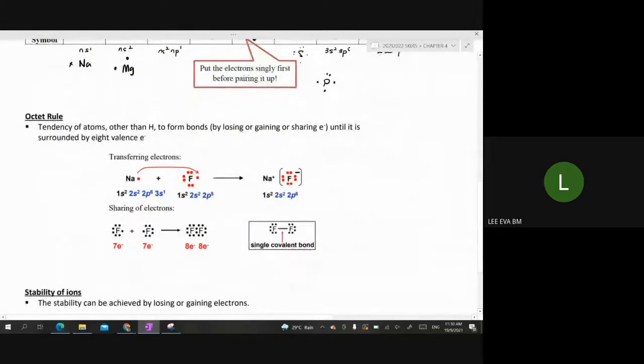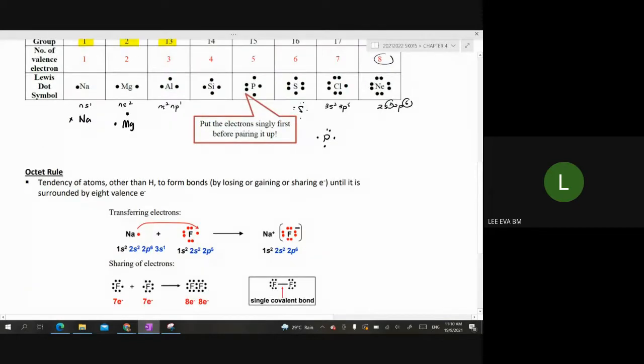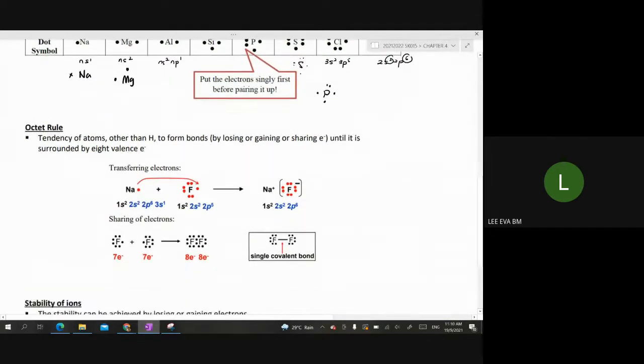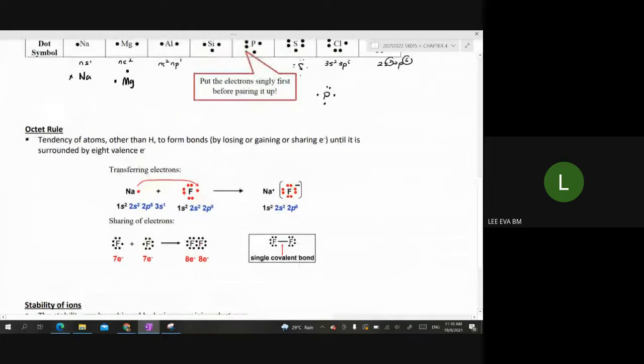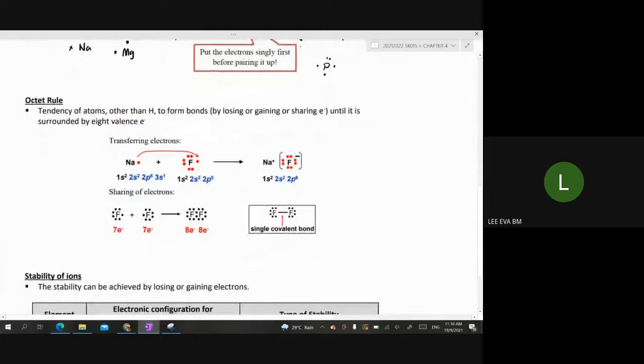Okay, so the challenge for you, you can try to memorize the first 20 elements, to help you to become familiar. If let's say madam asks, what is the valence electron for nitrogen? Nitrogen, where is it from? Which group? And then how many valence electrons?